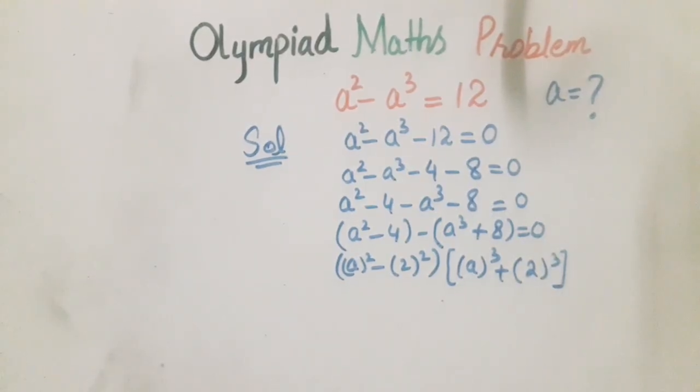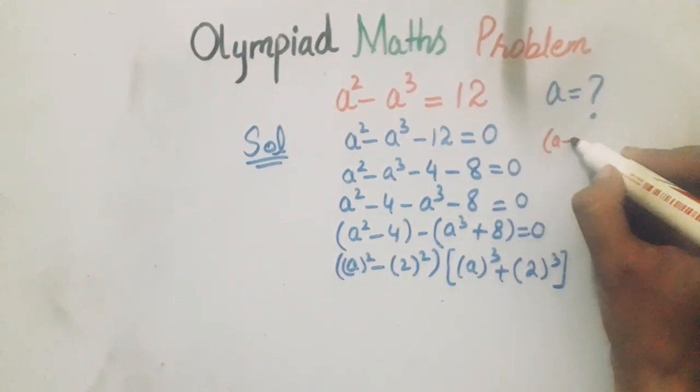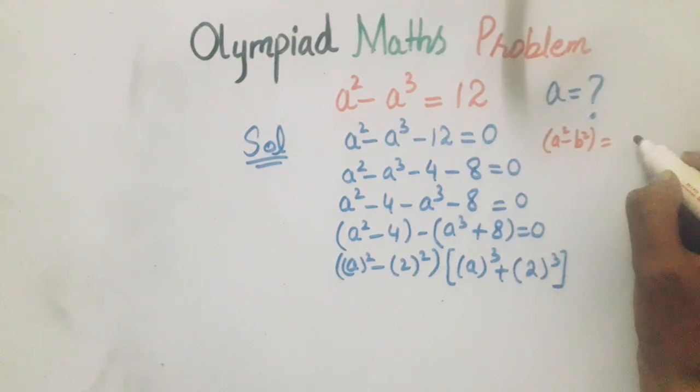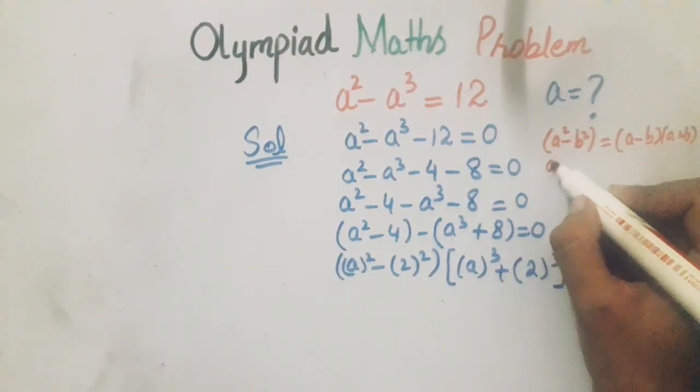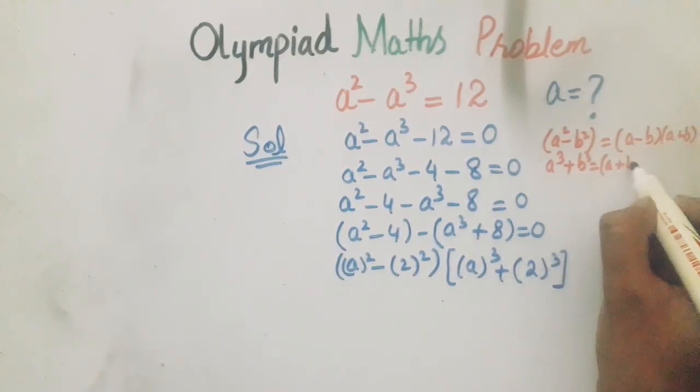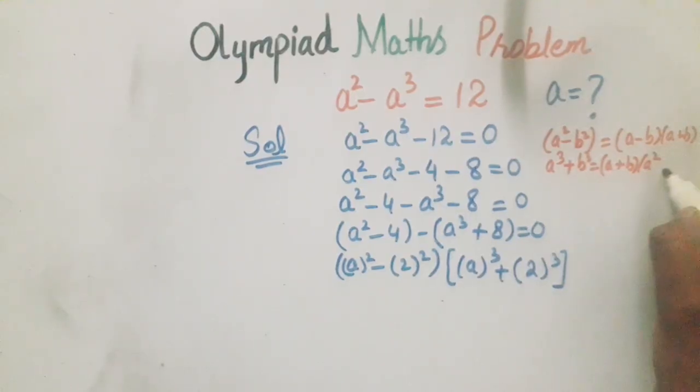Now at this time we will recall two formulas. First of all, a square minus b square equals a minus b into a plus b. Similarly, a cube plus b cube equals a plus b into a square minus ab plus b square.